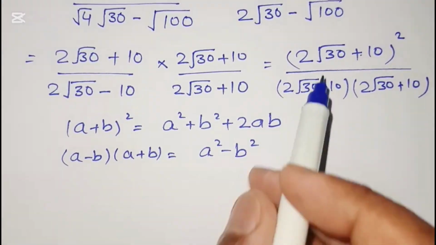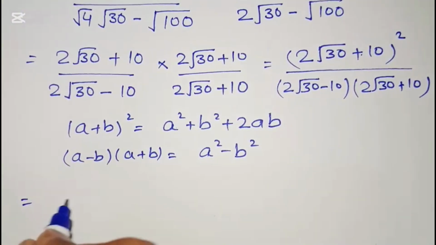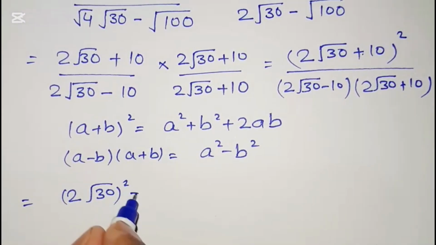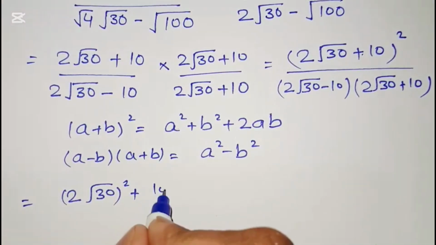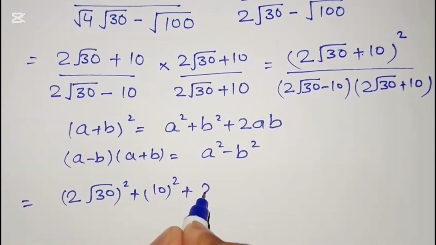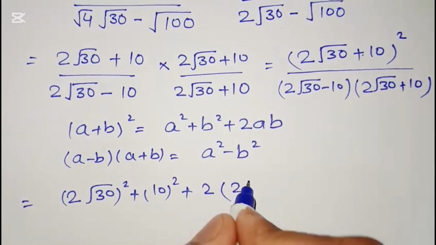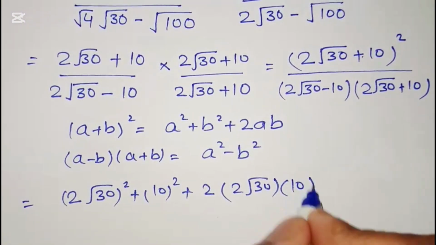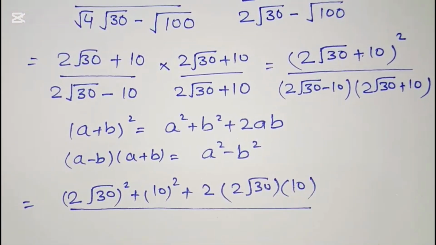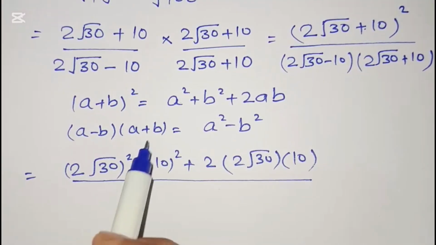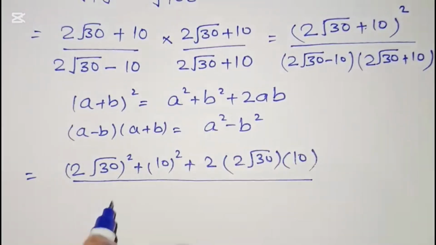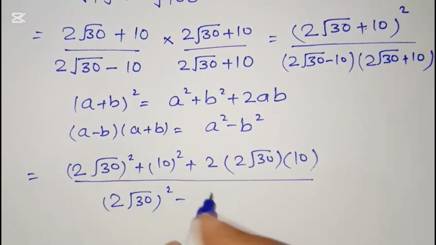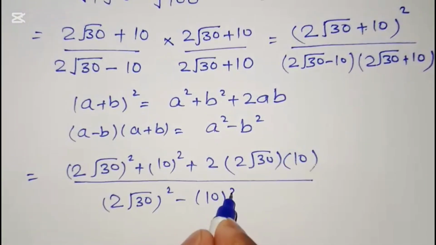So the equation now becomes 2 times square root of 30 square plus 10 square plus 2 into first into second, all over a square minus b square, that is 2 times square root of 30 square minus 10 square.